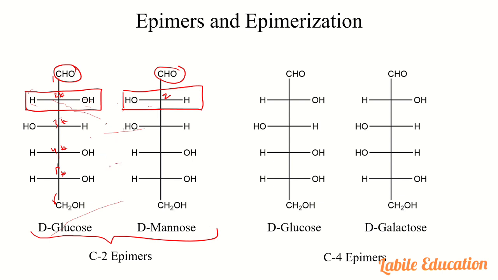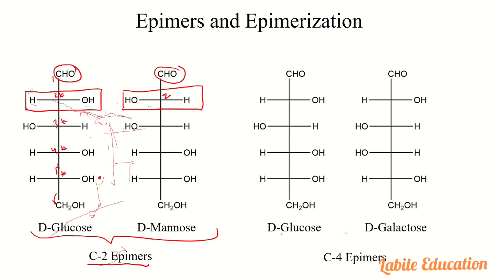At 4 and 5, the configuration is the same. So these are two diastereomers. Diastereomers generally have more than one chiral center, and if these two differ in configuration about one chiral center, they are called epimers. So these differ only about the C2 configuration, carbon 2. That's why these are called C2 epimers.